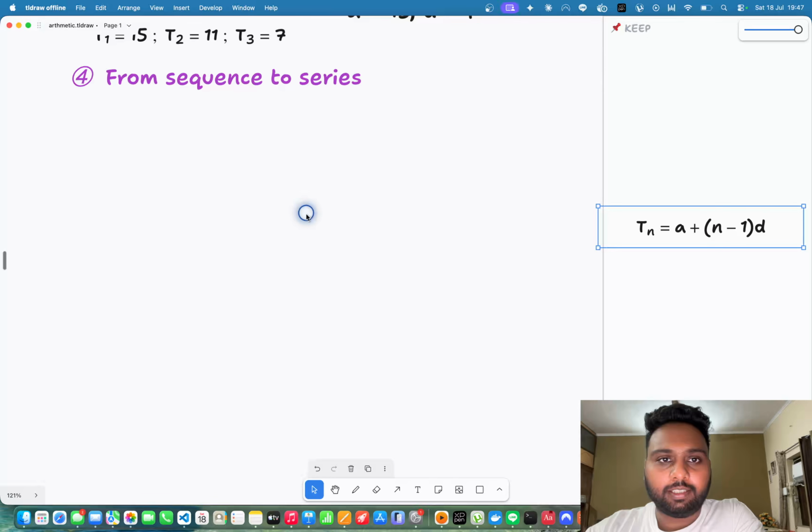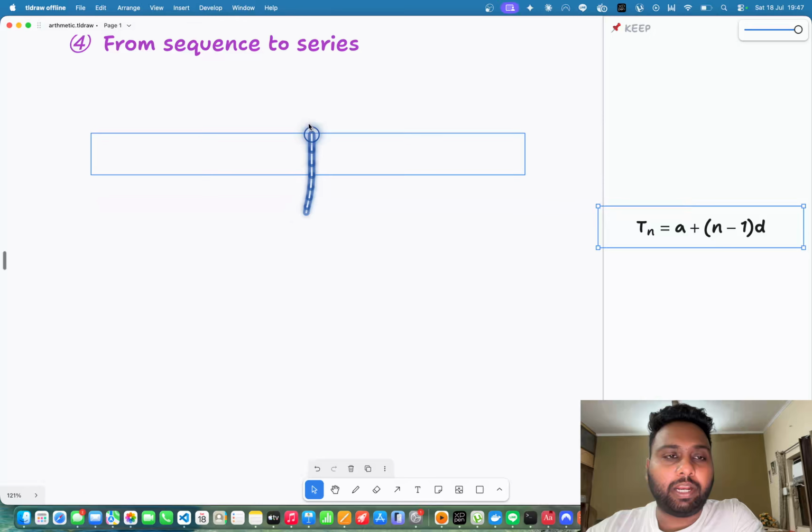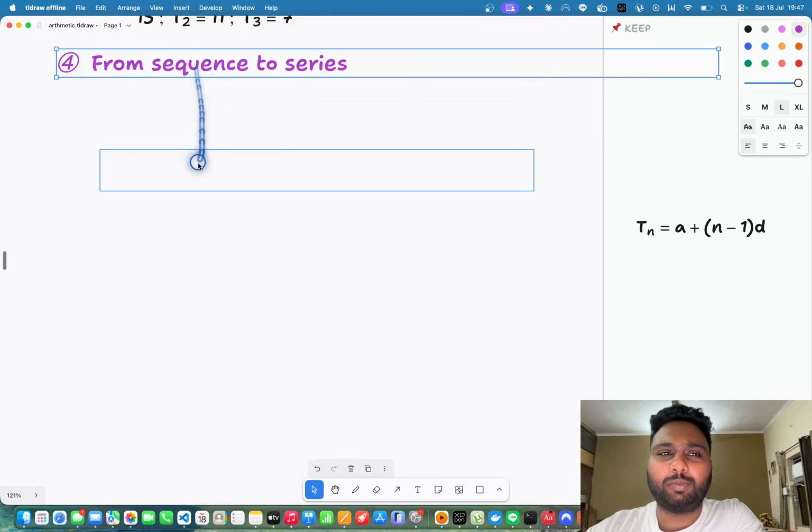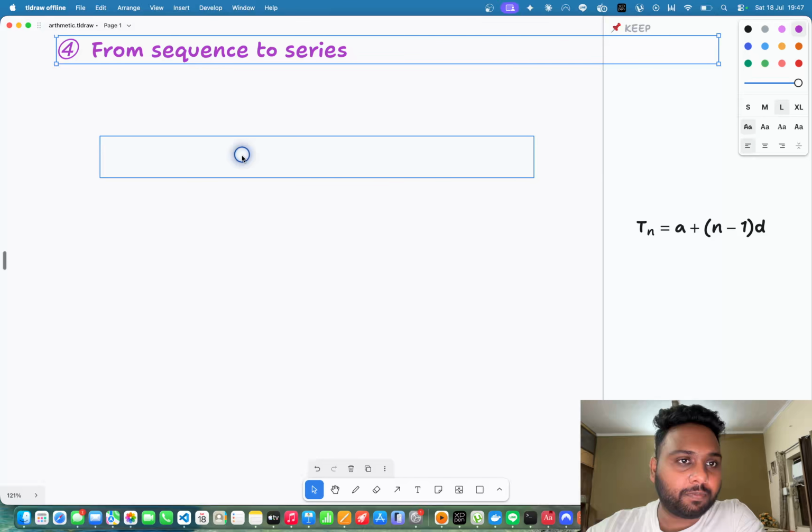In the starting, if you remember, I explained to you sequences. So what is the basic difference between a sequence and a series? A sequence is just a list of terms, and a series is when we sum up that sequence. A series is a summation of that.